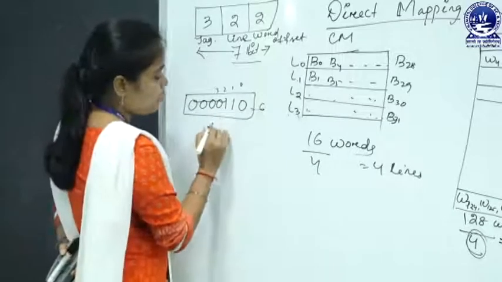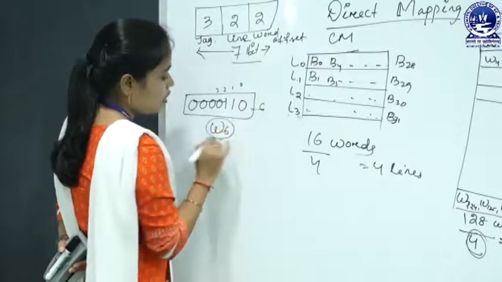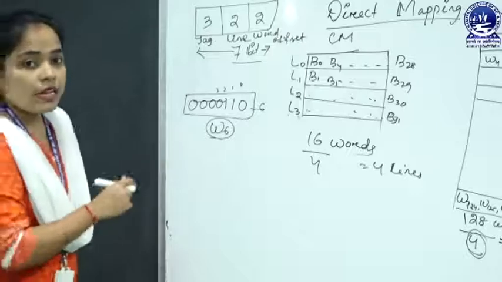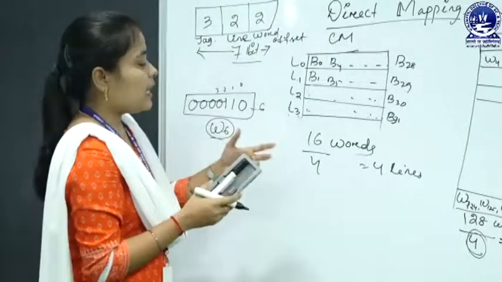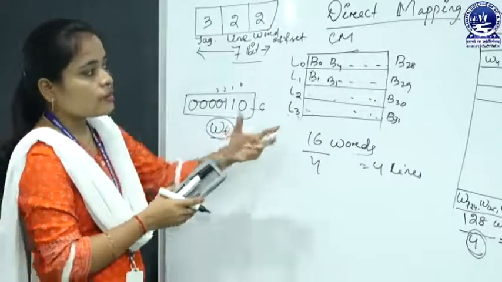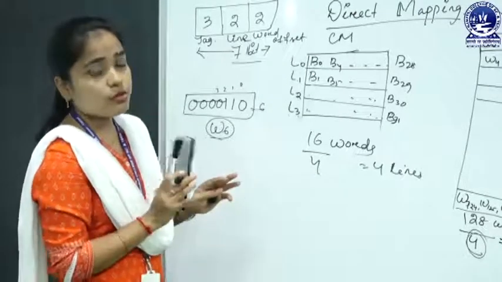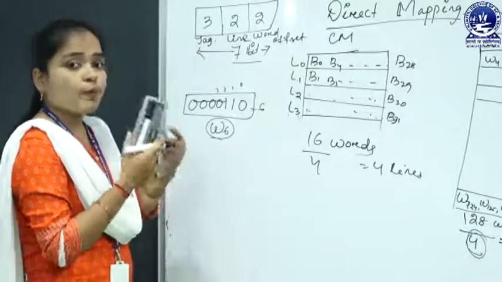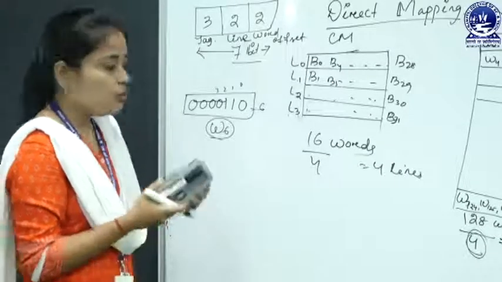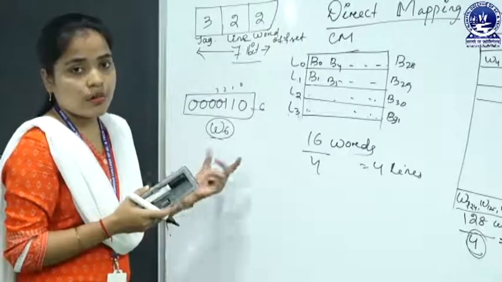That means the CPU wants to read word number 6, and you don't know where this word 6 is present in the cache memory and in the main memory. So you have to find out the block value and the line value where this word 6 lies.